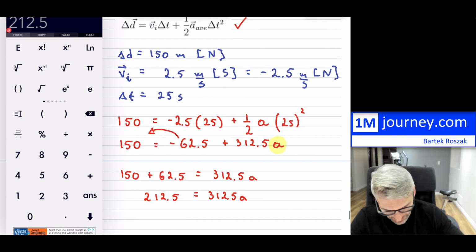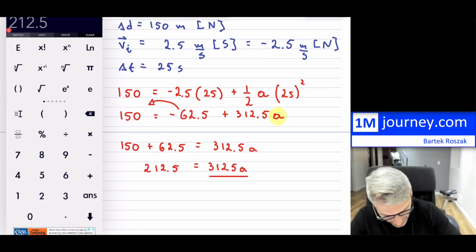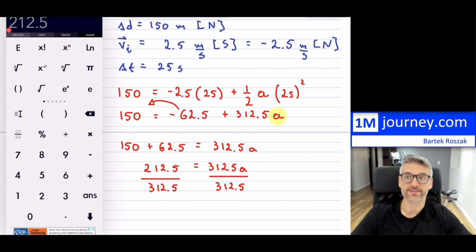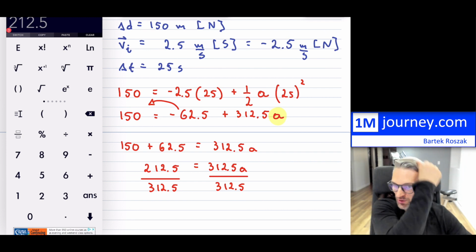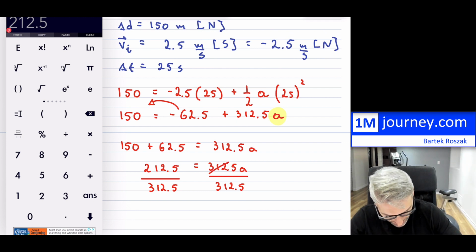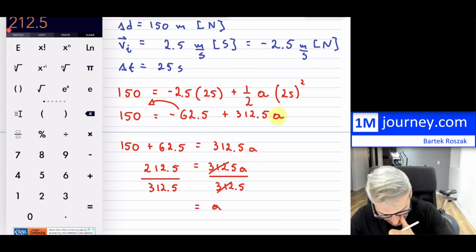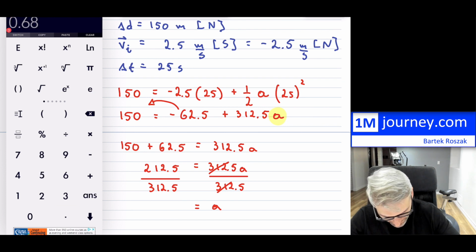All right, and now dividing both sides by 312.5. So now that you can do that division, that will get rid of this, and you're going to be able to solve for your a. So I'm going to take that answer divided by 312.5, and that's going to be 0.68.